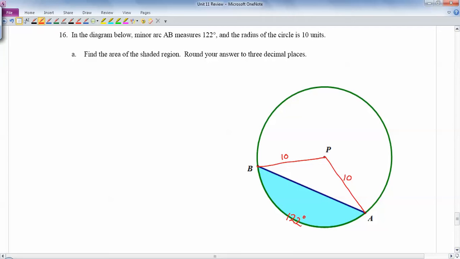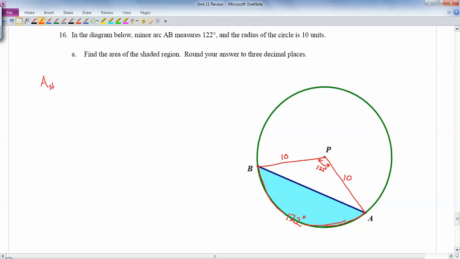Okay, so this angle, by the way, is a central angle, the same as the arc that it intercepts, so that's 122 degrees also. In order to get the shaded region, this actually goes back to the previous unit. Really what you're going to end up doing is taking the area of this whole sector. So here, I'll write it up here.